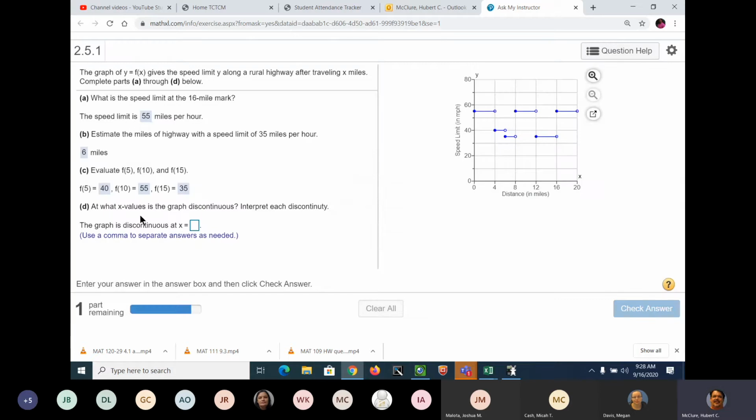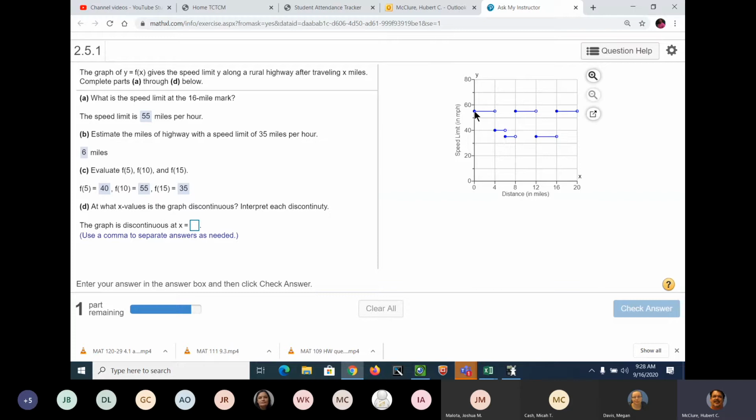At what x values, that's down here, is the graph continuous? Well, continuous means that the solid cancels out this, so that's continuous, continuous, continuous, continuous, continuous.